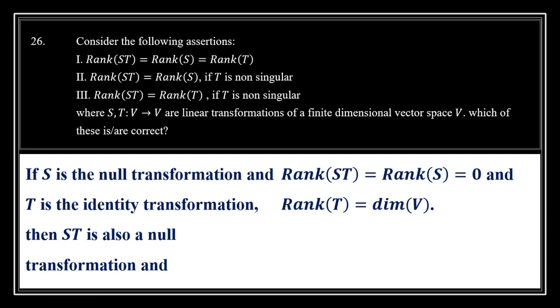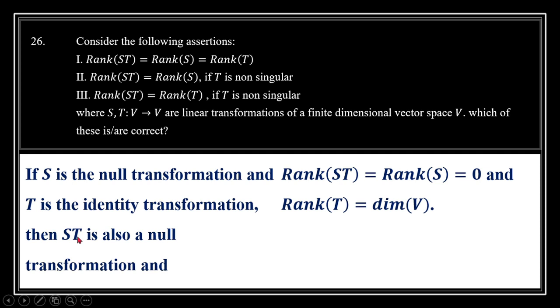Means image of any vector under S is 0 vector, and image of any vector in V under the T transformation is that vector itself. So it is identity transformation. While when we take their multiplication ST, it becomes again a null transformation. Multiplication means the composition of S and T.